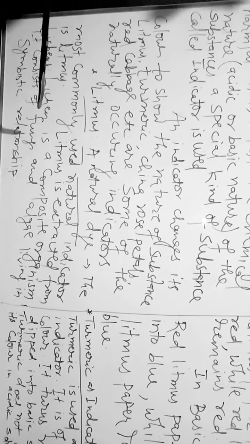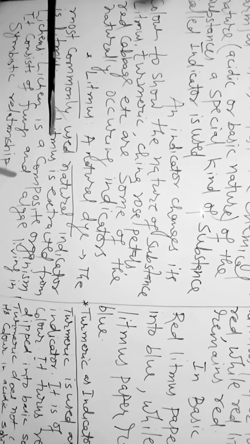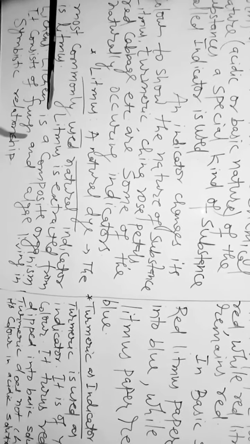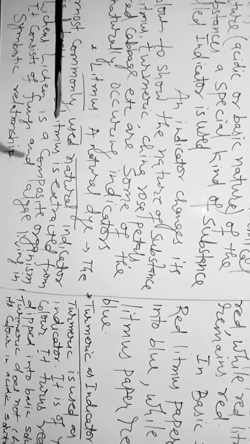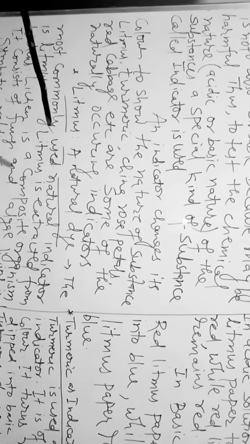It consists of fungi and algae living in a symbiotic relationship. What do you mean by symbiotic relationship? The relationship between two organisms in which both benefit from each other. Here in lichens, algae, being autotrophs, provide food and the fungus provides shelter and other things.